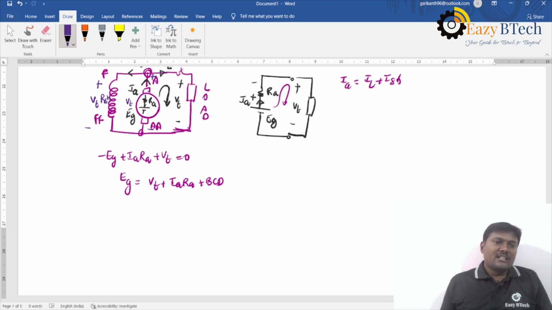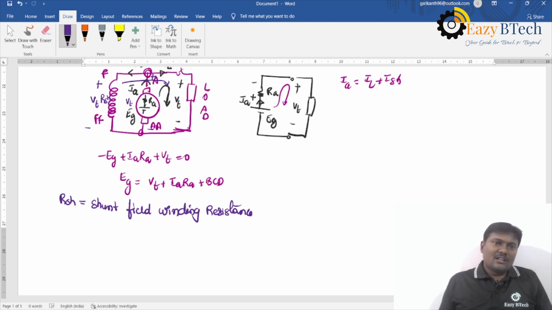Now the field winding resistance is RSH, called the shunt field winding resistance. If you have a doubt, you can apply KVL to this loop also.